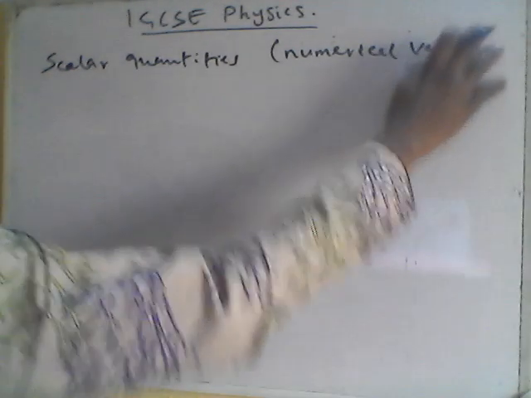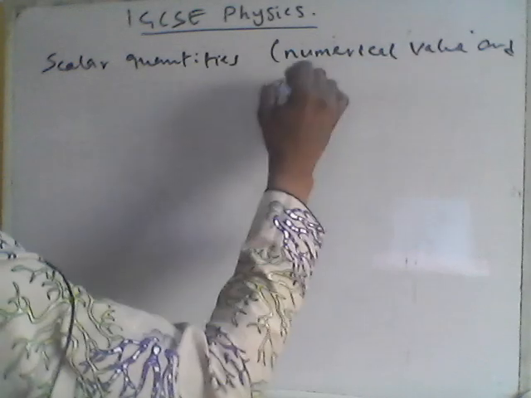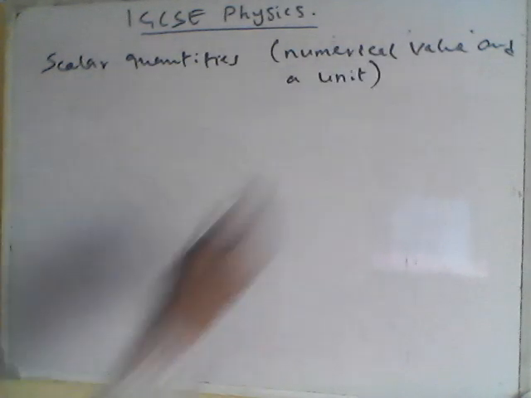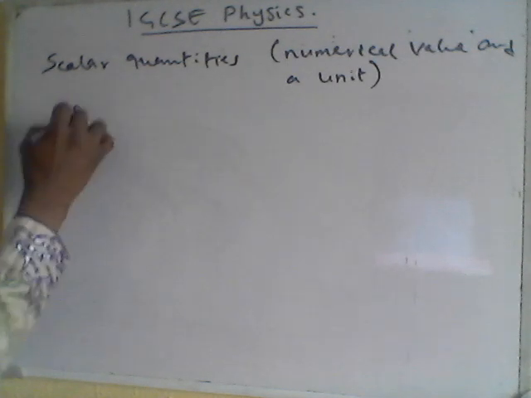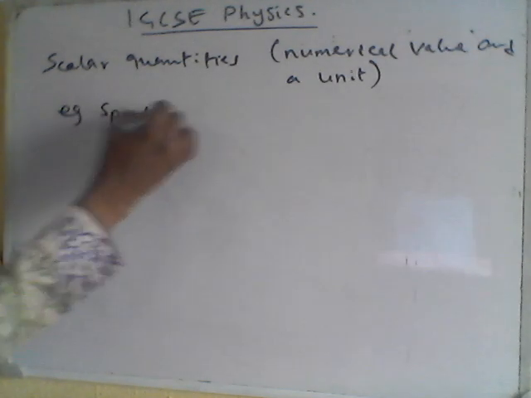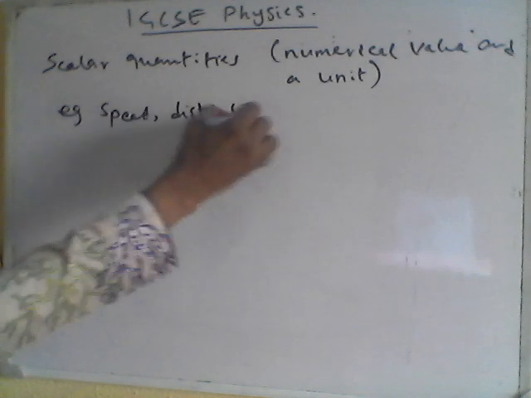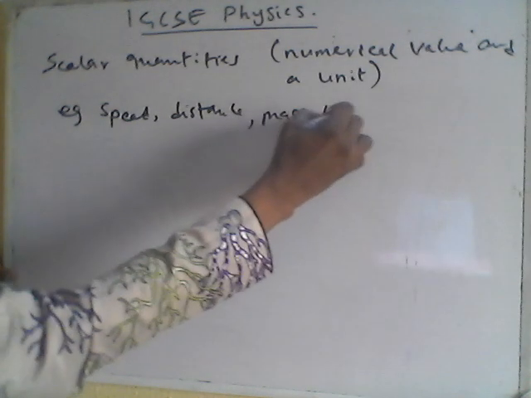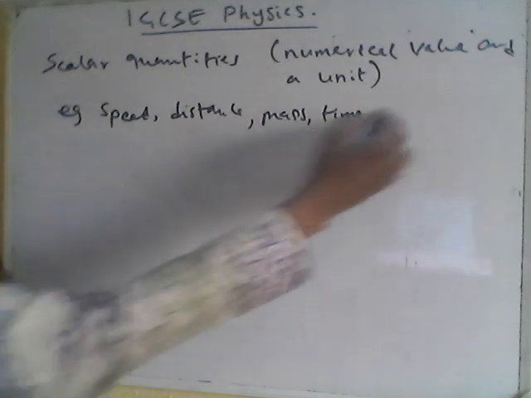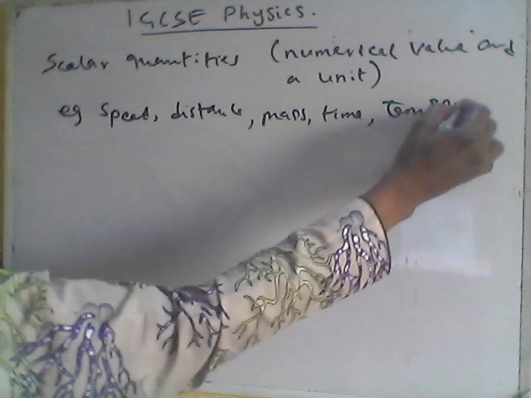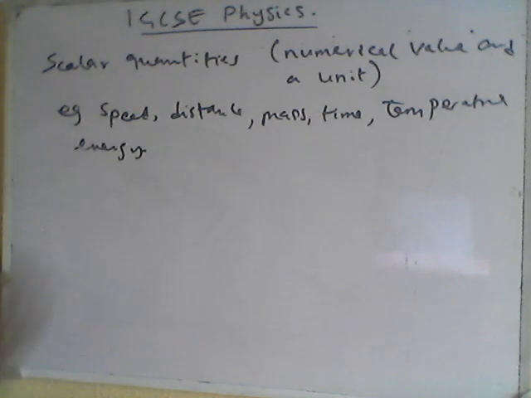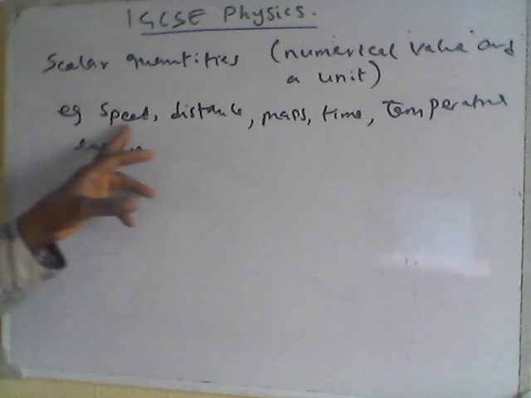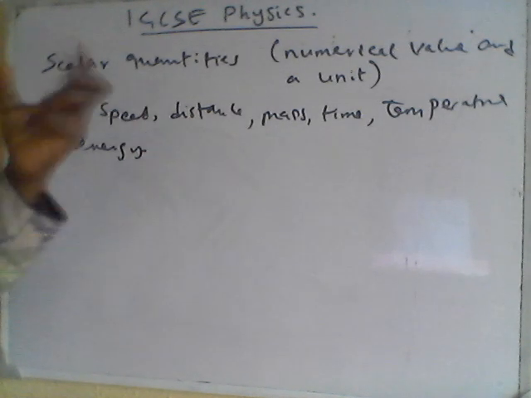Examples of scalar quantities are speed, distance, mass, time, temperature, energy, and so on. You agree with me that these are just numerical values with units, quantities that have magnitude.